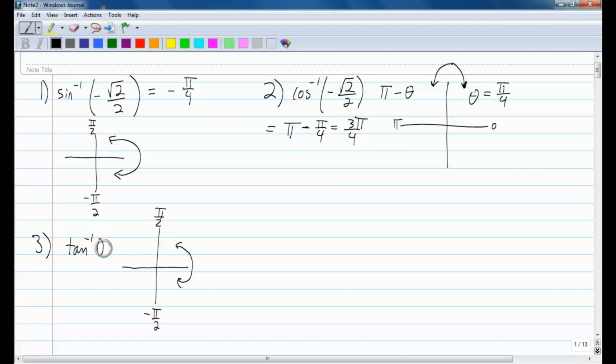Tangent is equal to 0 in between negative pi over 2 and pi over 2 at one place. If we take the tangent of 0, we get 0. So that means the inverse tangent of 0 is equal to 0. It's a quadrantal angle.